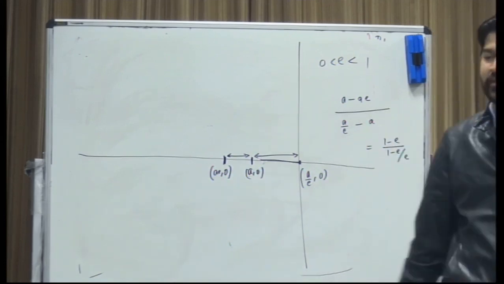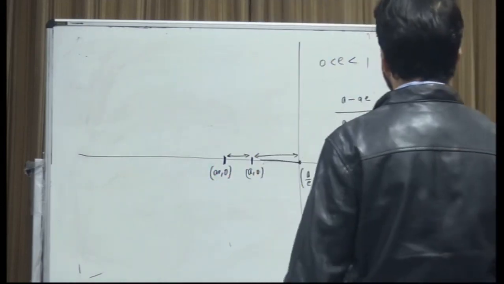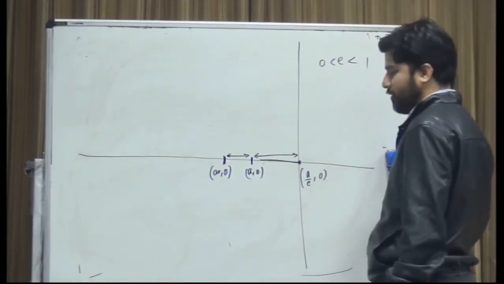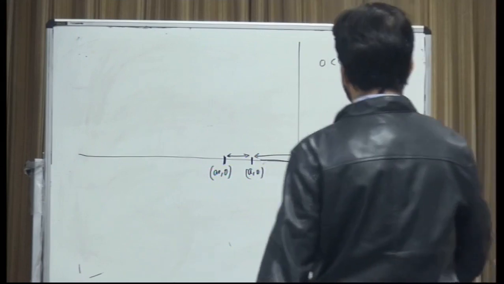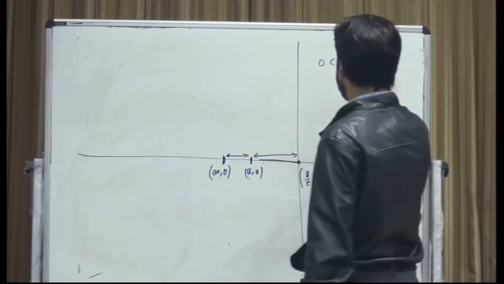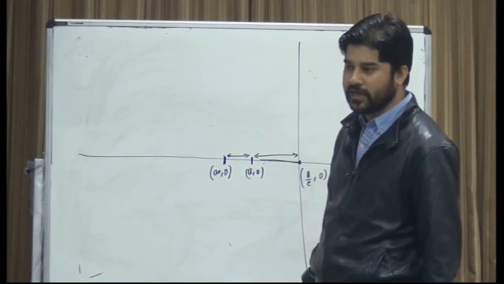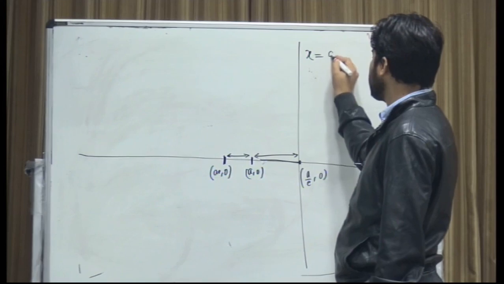So 1 minus e कट के e को ऊपर फेंक देगा, right? So e is a constant here, a fixed value, which could be anything from 0 to 1. So you understood that this is your directrix, x is equal to a by e, and this is your focus ae comma 0, right?